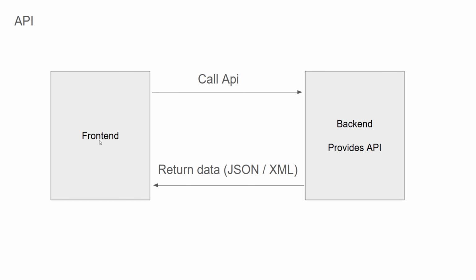The front end will call an API provided by the backend, and then the backend will return you data in JSON or XML format. Then the front end will use this data to display something. Okay.